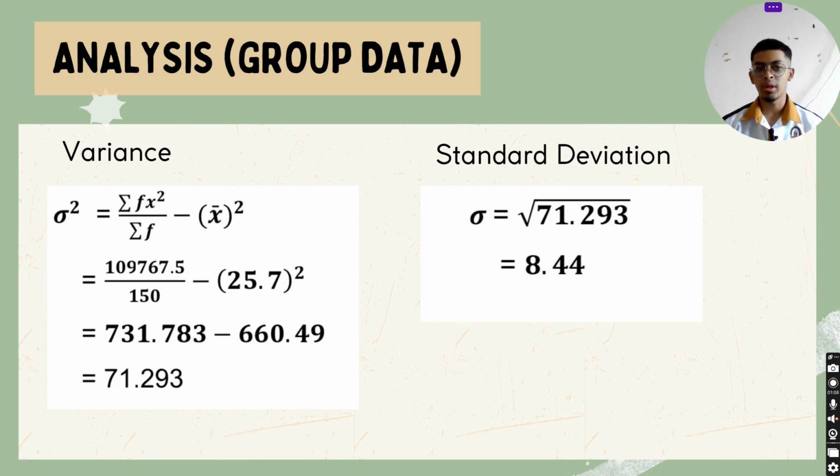When we substitute the values, we get the answer for variance is 71.293. The standard deviation is the square root of the variance, so when we take the square root of 71.293, we get 8.44.